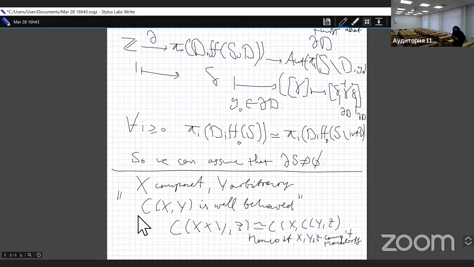If all spaces are compact Hausdorff, then we have the exponential formula, which is true on the level of spaces.